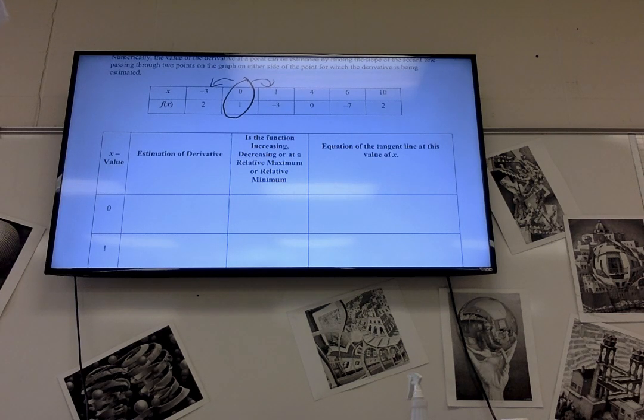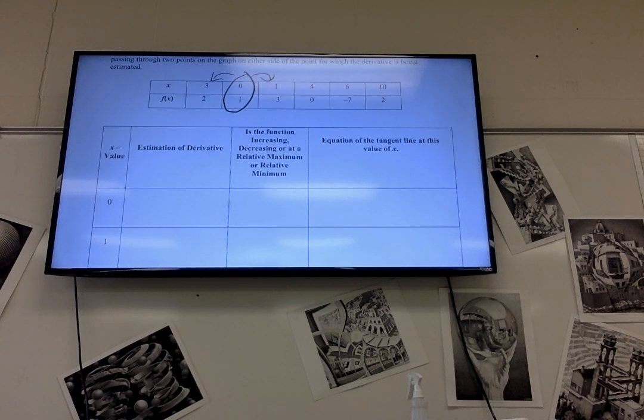So the derivative is also, what's the word we should always think of when we think of derivative? Slope of tangents. Yes, slope of tangency. Derivative, slope, derivative. So we are going to use these two points and find the slope. There's x1, y1. There's x2, y2.